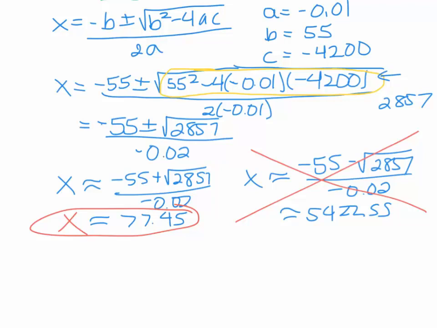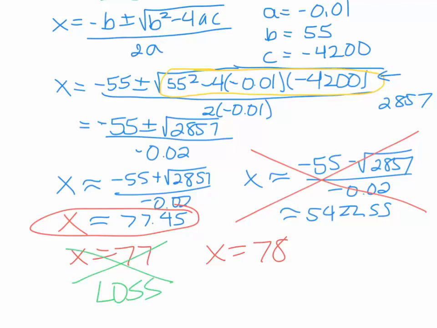And if I have x be 77, then that would mean that I would have an actual loss, a very small loss. But what they wanted was the minimum number that we need to produce in order to make a profit. So this would give us a loss. That's not what we want. If I do x equals 78 units, this is what I would need to give me a profit.